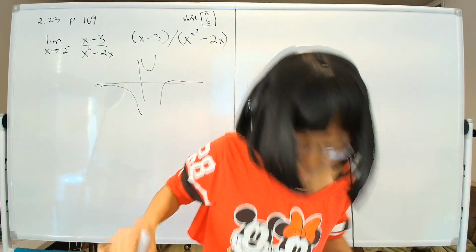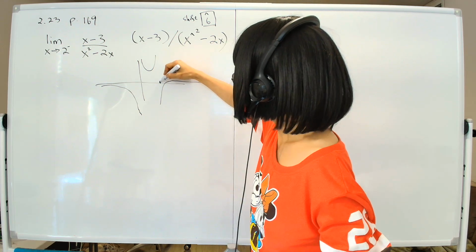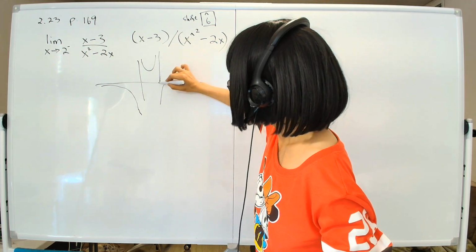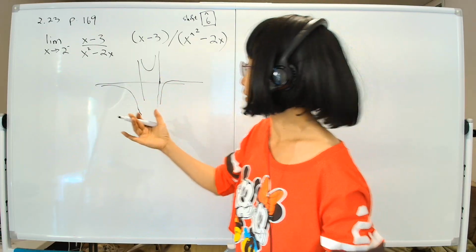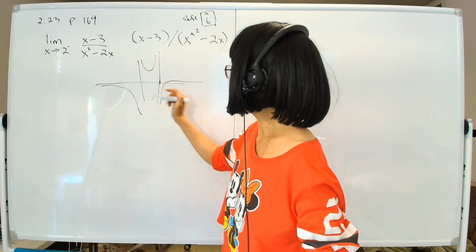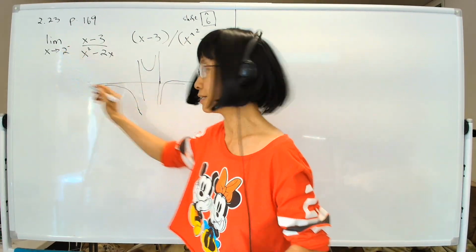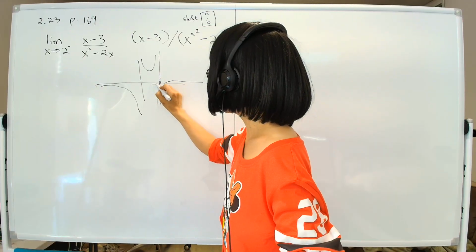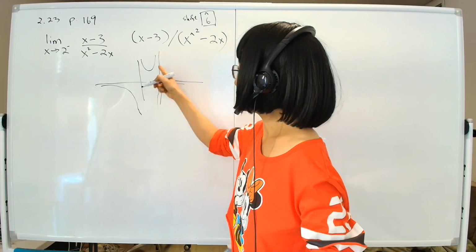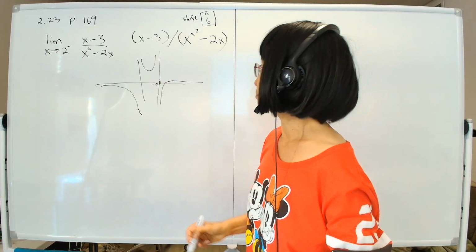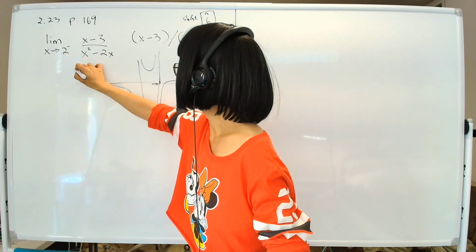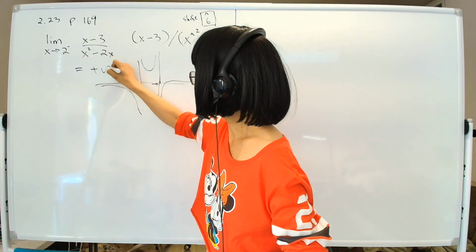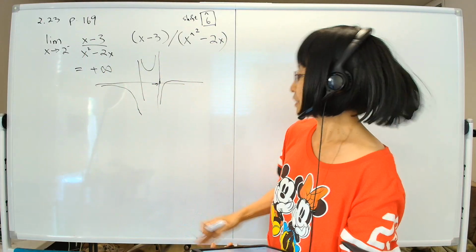Okay, so 2 is somewhere before here, where you have this thing called an asymptote. The point is, you're approaching from 2 minus. So here's 2, and you're approaching from this side, and you can see that it's going to positive infinity. And that's that. The limit is positive infinity, period. Good enough.